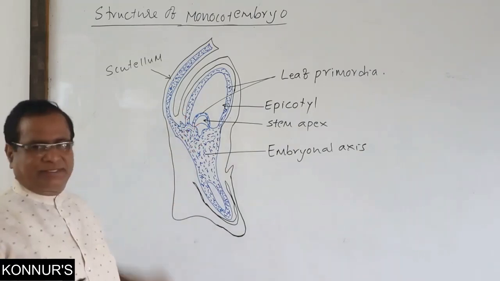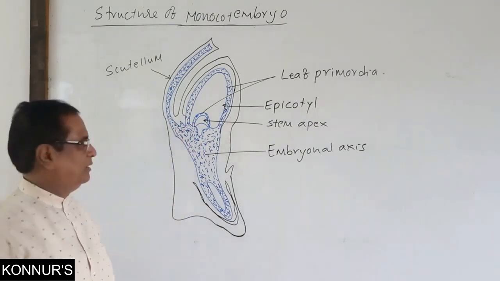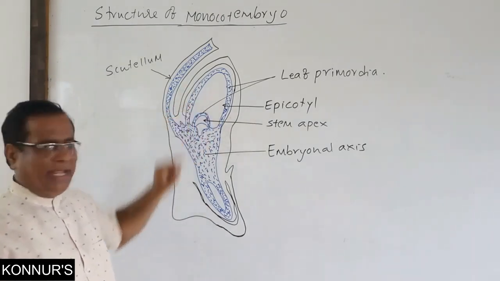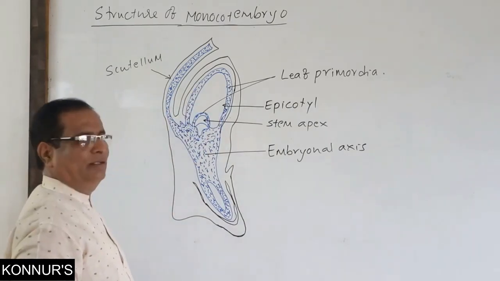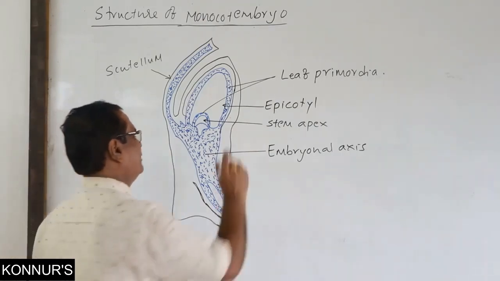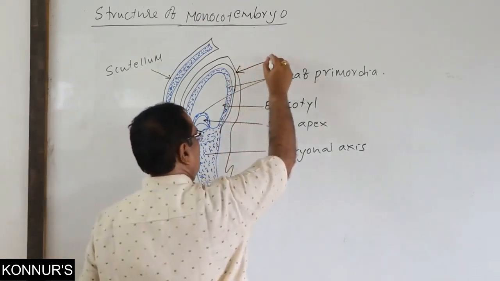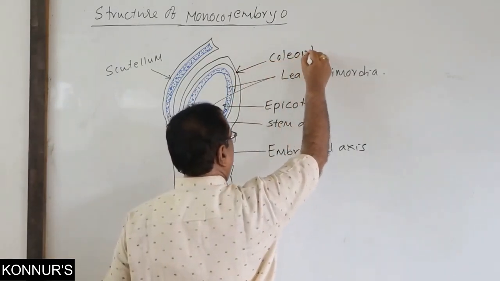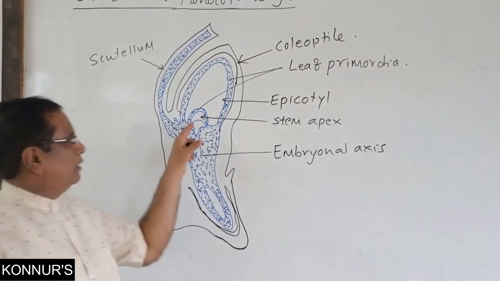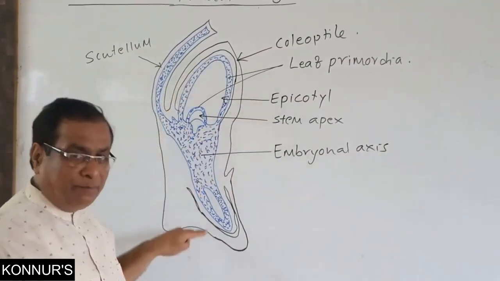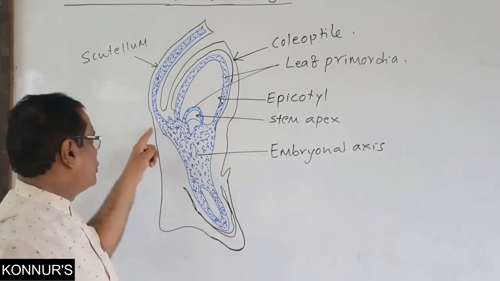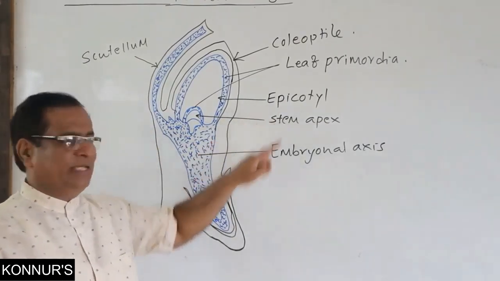That stem apex or shoot apex is covered by few leaf primordia, and in turn is covered by a hollow foliar sac that is named coleoptile. A portion of embryonal axis just above the position of that scutellum is named epicotyle.